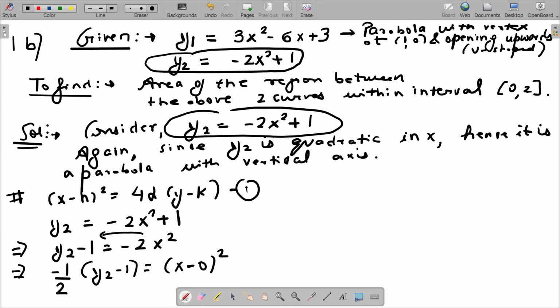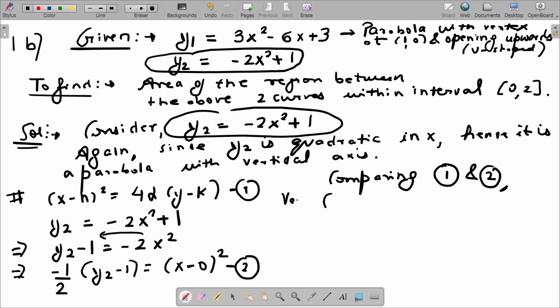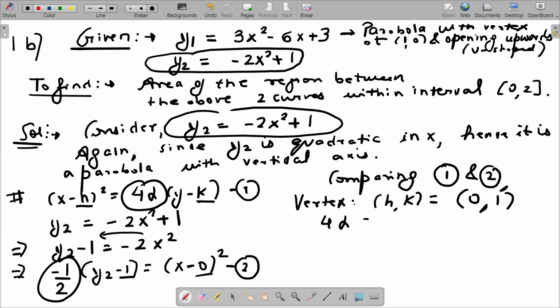Okay, so comparing 1 and 2, the vertex is h comma k, where h is 0, k is 1. Vertex is 0 comma 1, and 4 alpha is minus half, which implies alpha is minus 1/8, which is negative. So I can say that this parabola is opening downwards.